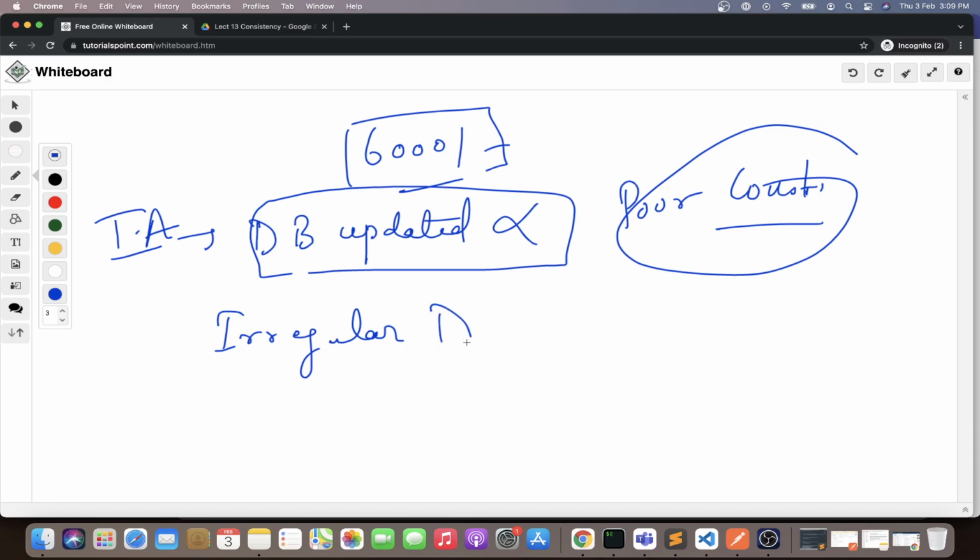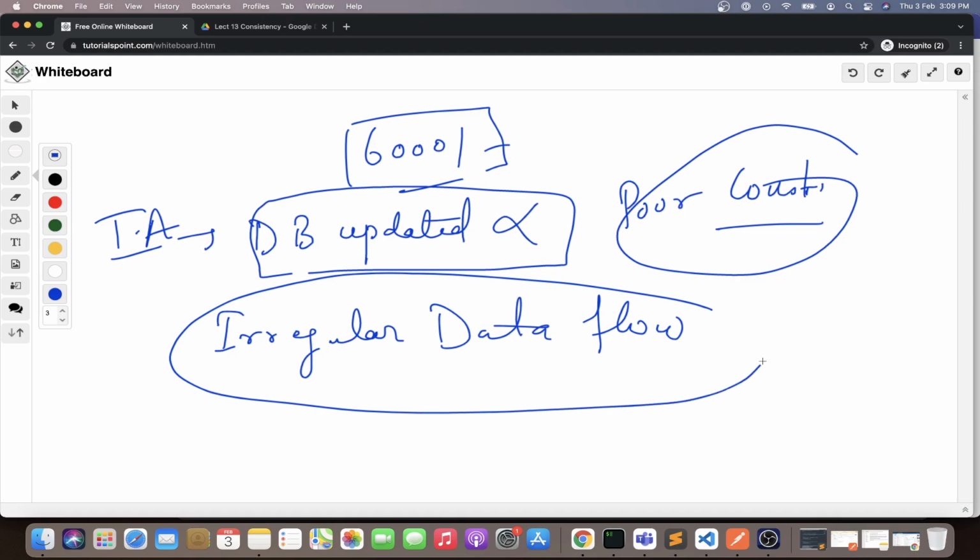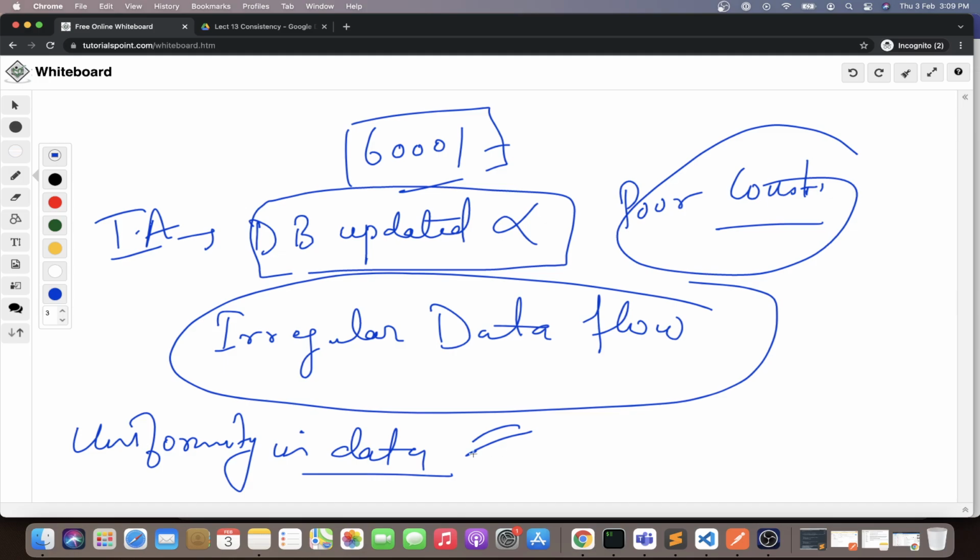From this example, I hope you guys have understood what consistency actually is. Consistency is the uniformity in the data across all locations, all geographical locations.